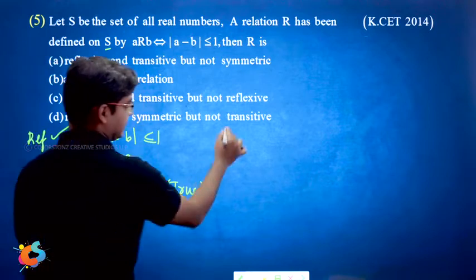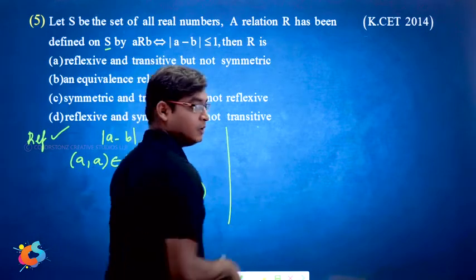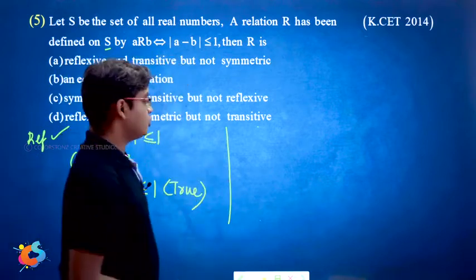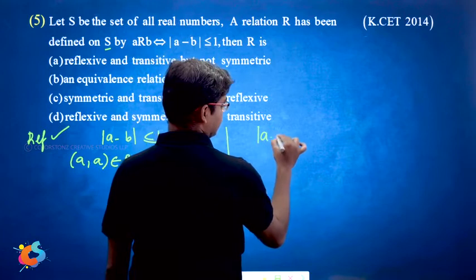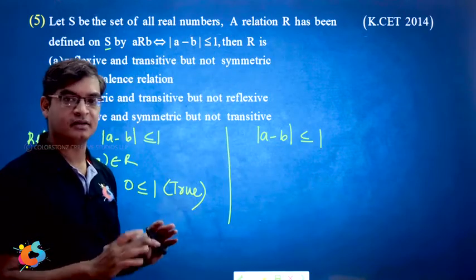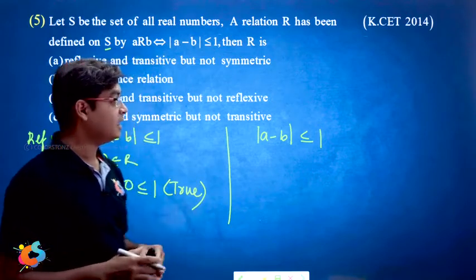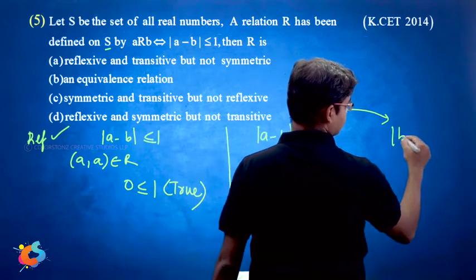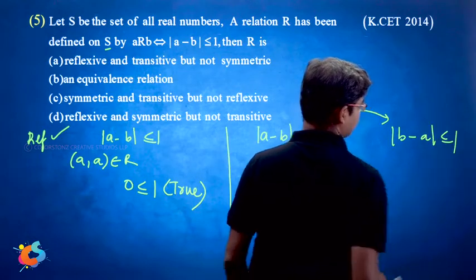Next, will it be symmetric? If (A, B) belongs to R, we have to prove (B, A) also belongs to R. If (A, B) belongs to R, that means the modulus of A minus B is less than or equal to 1. Will (B, A) belong to R? From here we have to prove that the modulus of B minus A is less than or equal to 1.